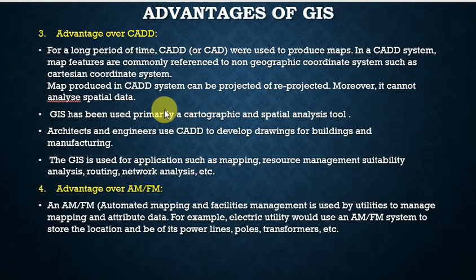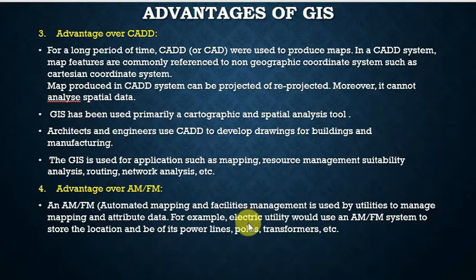For example, an electric utility would use an EM/FM system to store the location and attributes of its power lines, poles, and transformers, etc. What is EM/FM? EM/FM, automated mapping and facilities management, is used by various utilities to manage the mapping and attribute data.